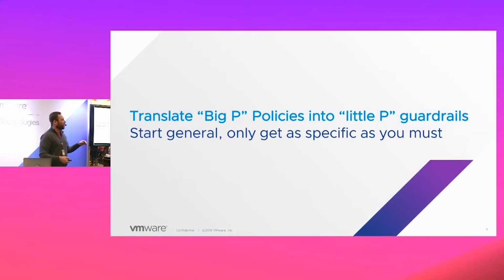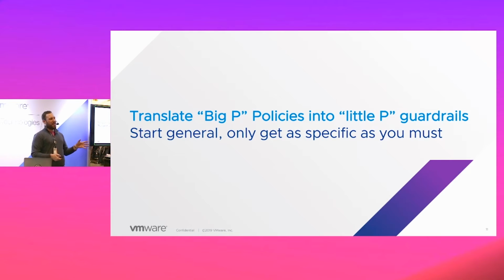Okay? So, and this is another one. The organizations I've worked with that are building these practices successfully, what are they doing, right? They're taking their human organizational policies and they're figuring out how to distill them down, break them down into small p. How can I make this an actionable, measurable, machine-driven, logic-driven piece of policy, okay?